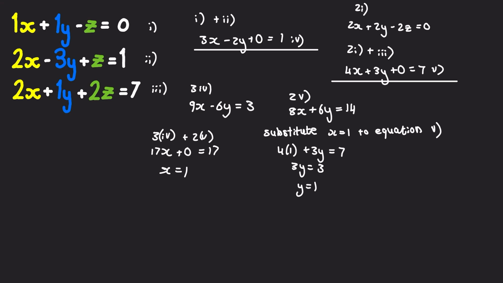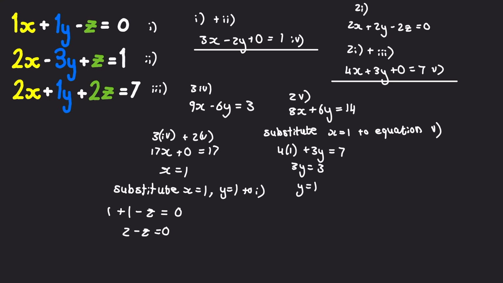Okay, so now, again, I can substitute x equal to 1, y equal to 1 into equation 1. So I get 1 plus 1 minus z is equal to 0. So I get 2 minus z is equal to 0.